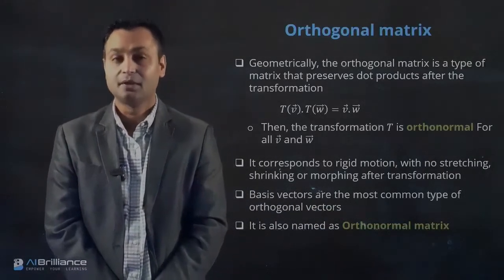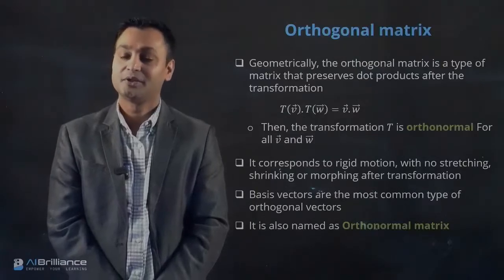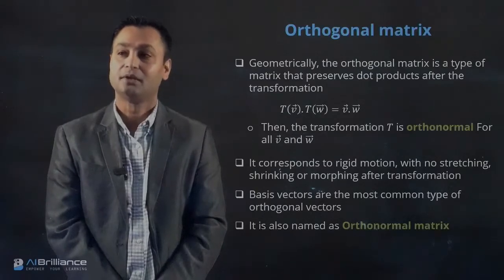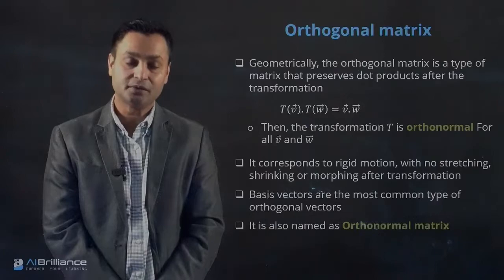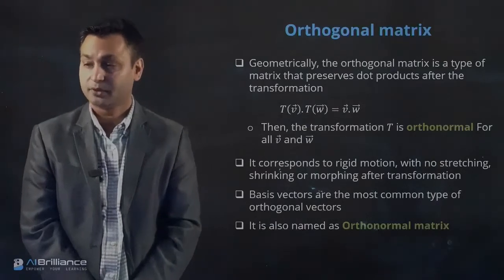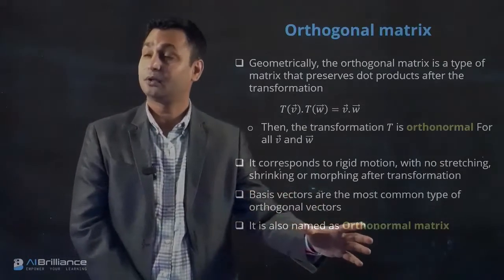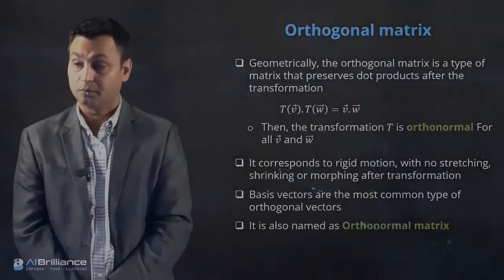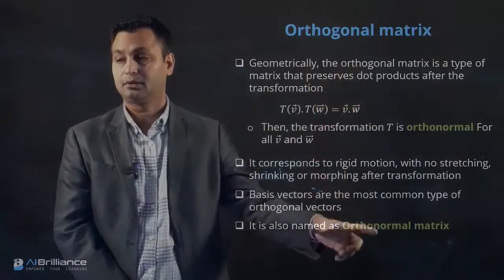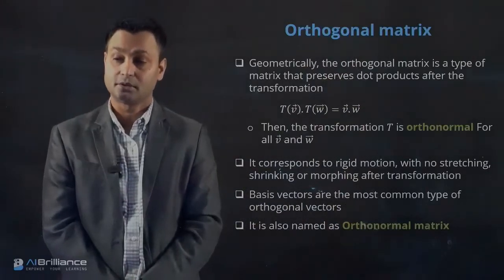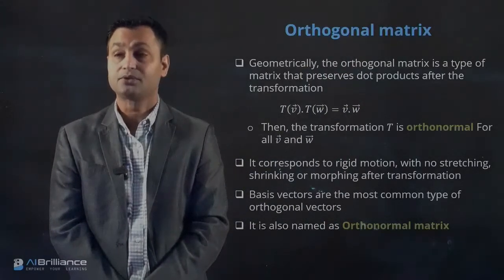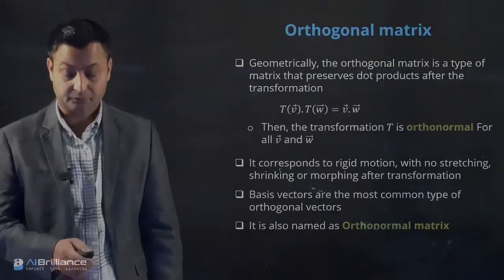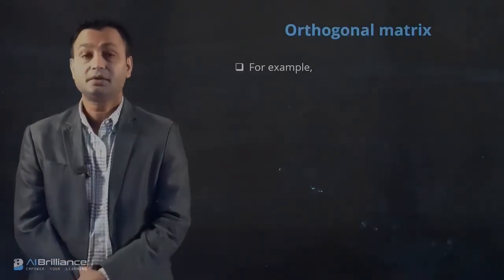You can check all the properties of the basis vectors related to the orthogonal matrix definition, and they will be satisfying them. Okay, there is another name for the orthogonal matrix. It is also known as an orthonormal matrix. So orthogonal and orthonormal are essentially synonyms typically used to describe the same type of matrix that we have.